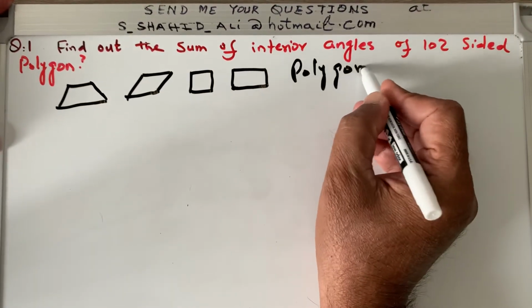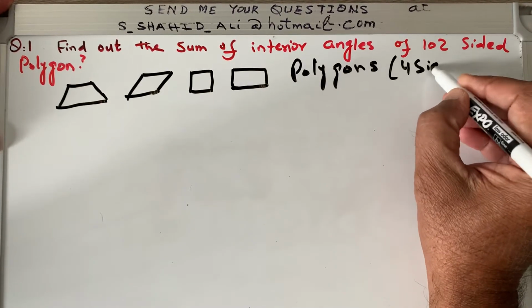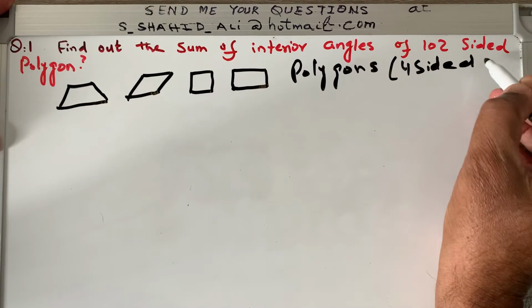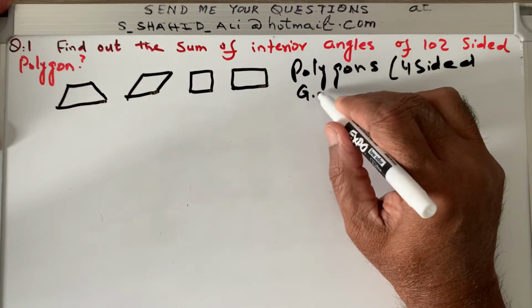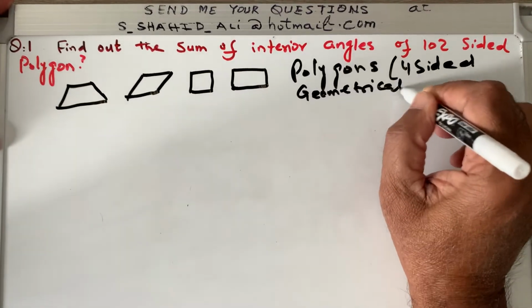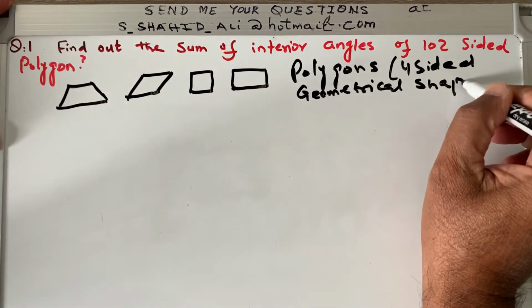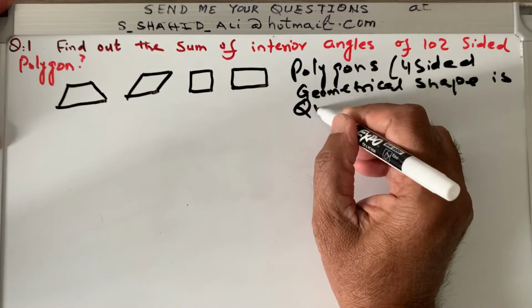A four-sided geometrical shape is called a quadrilateral.